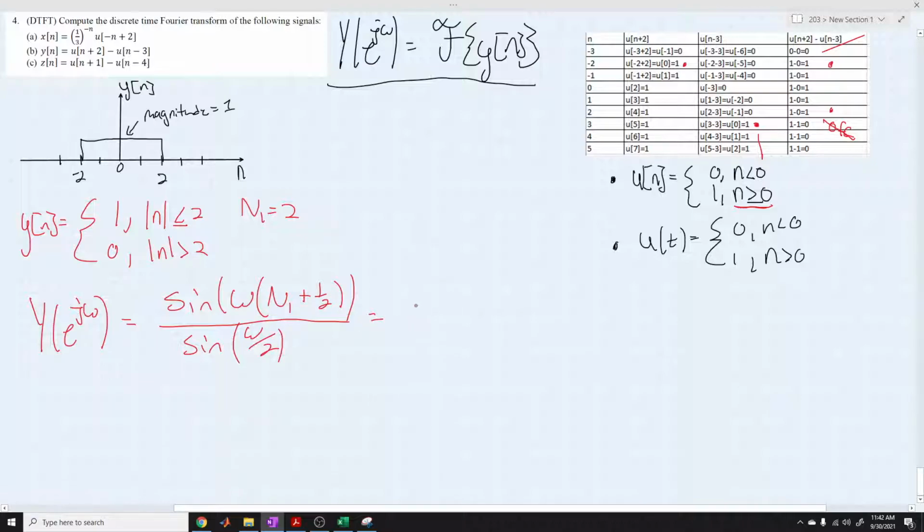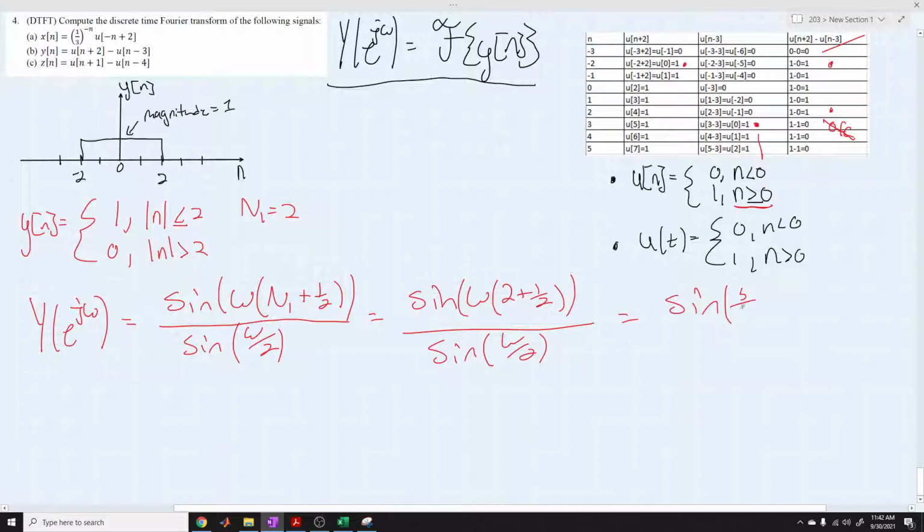Substituting our big N sub 1, we get sine of omega times 2 plus 1/2 over sine of omega over 2, and that's equal to sine of 5/2 omega over sine of omega over 2. And that's part B. That's as simple as part B.